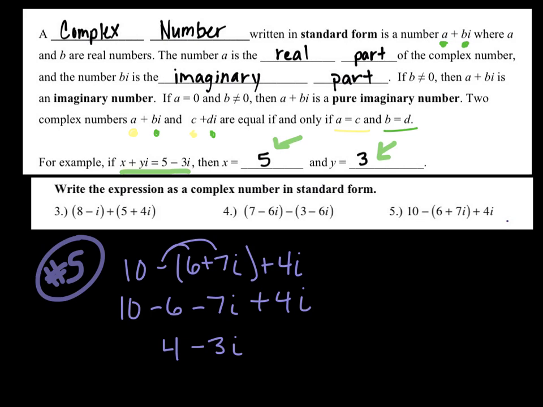And that's it. So your imaginary number in standard form with a single imaginary and real part is 4 minus 3i. So go ahead and try the other two, number 3 and number 4.